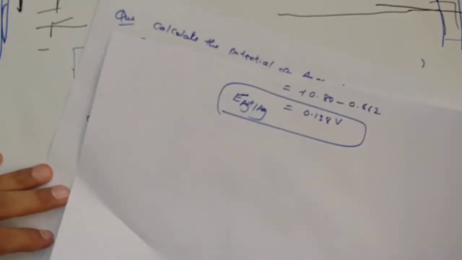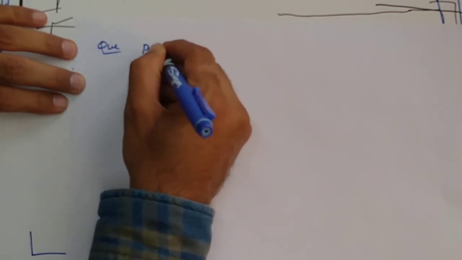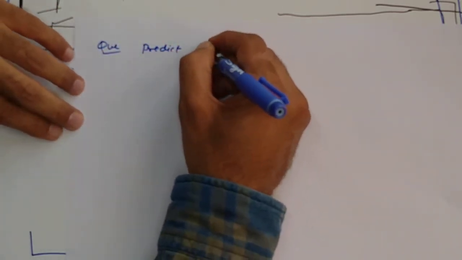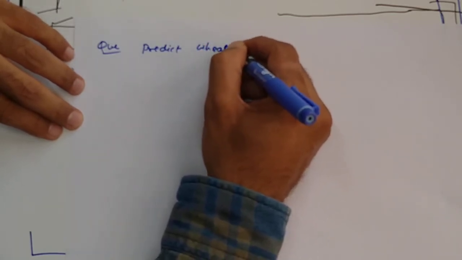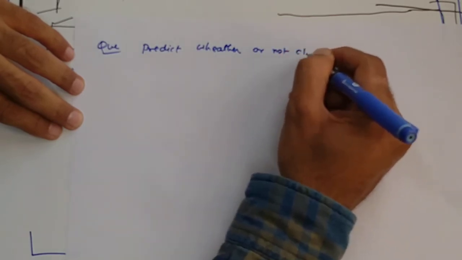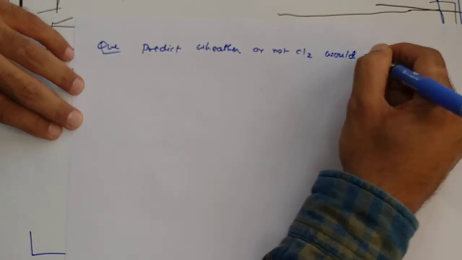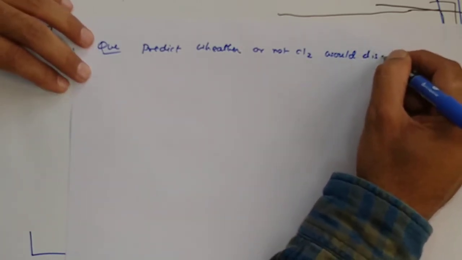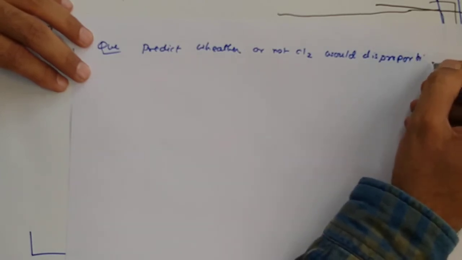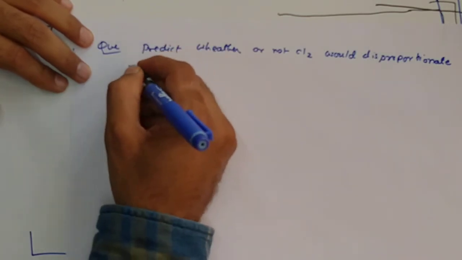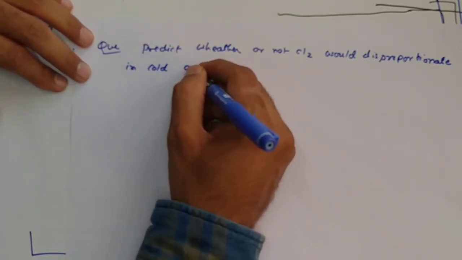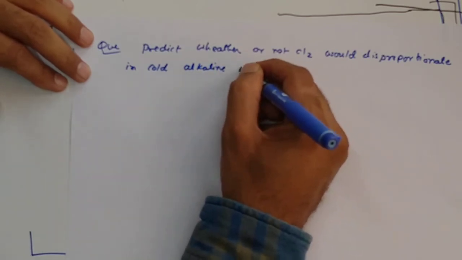Now the last question of the day. Predict whether or not chlorine would disproportionate in cold alkaline medium.